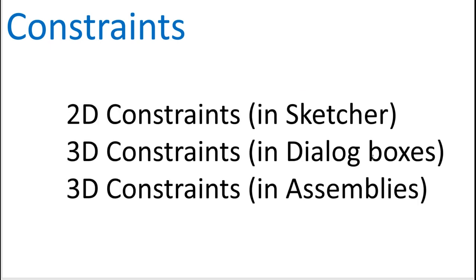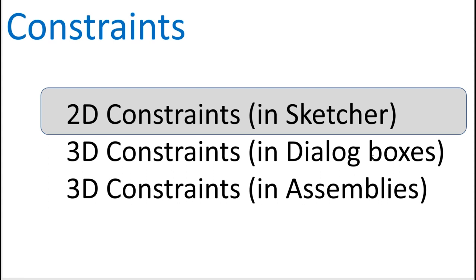But constraints can be either in 2D or 3D. Here we're going to talk primarily about 2D constraints made in the Sketcher toolbar workbench. There are 3D constraints that you're able to do in the dialog boxes, and even 3D constraints that you'll learn to do in assembly design when you're working with products.